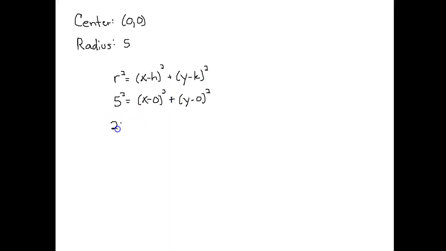Well, 5 squared is 25. Well, x minus 0 is just x, so you got x squared. y minus 0 is just y, so you have plus y squared. There's the equation of that circle. It has its center at the origin. So if you see x squared plus y squared equals some number, you know you're dealing with a circle centered at the origin. And whatever that number is, the square root of it will give you your radius.